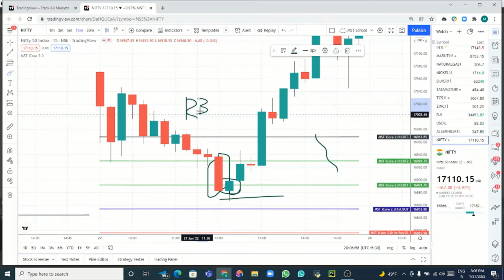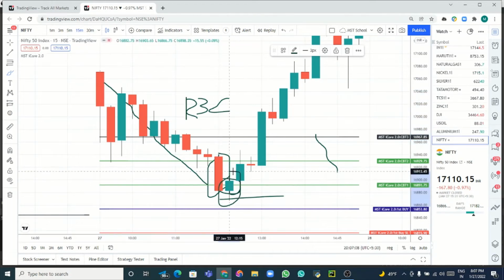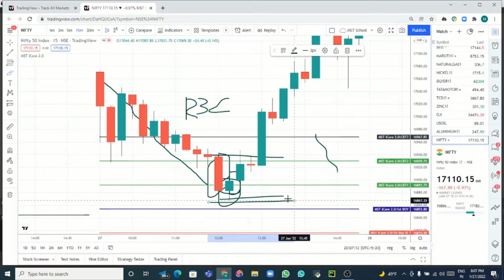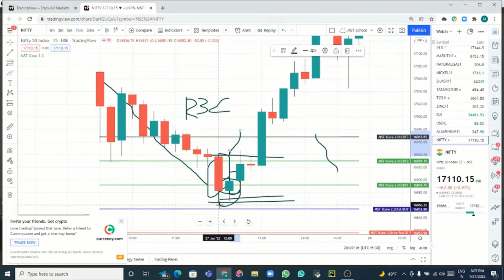What is R3C? There will be a rejection of the trend. The prior trend is bearish, and there is a rejection followed by one confirmation. Now we mark the high and low of these two candles. When the high of this candle is broken, we go for the buy entry with the low of the candle as the stop loss. We have explained this already, so if you can follow this method, this is another phase.